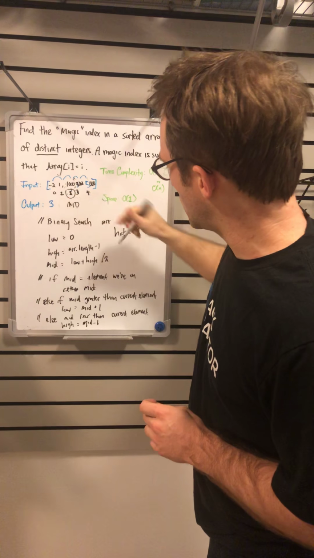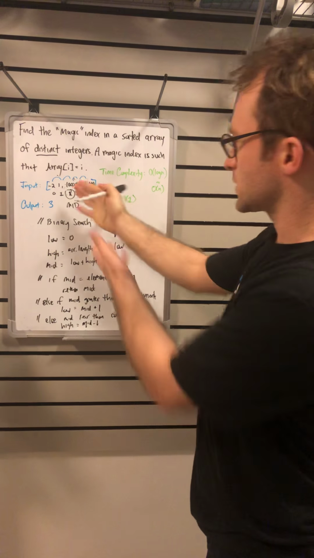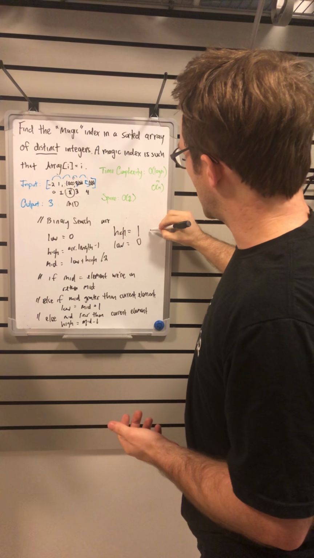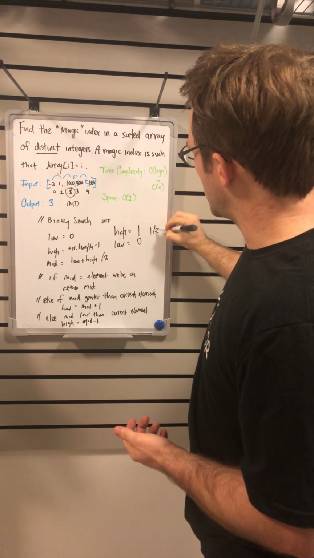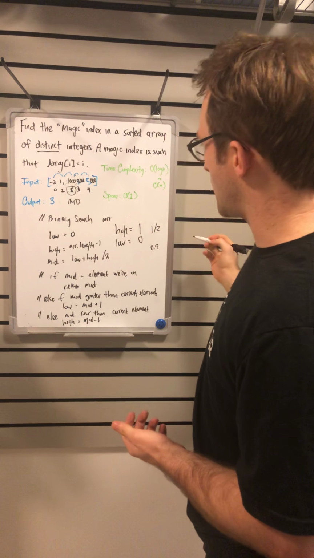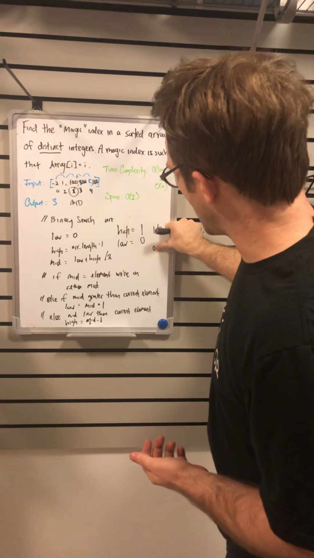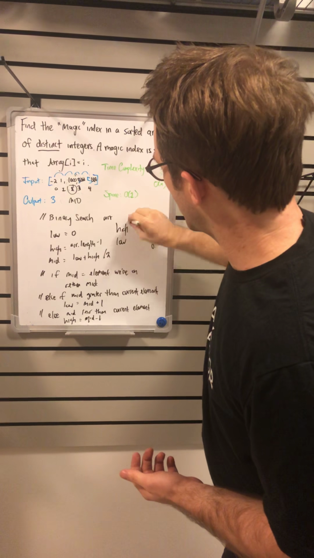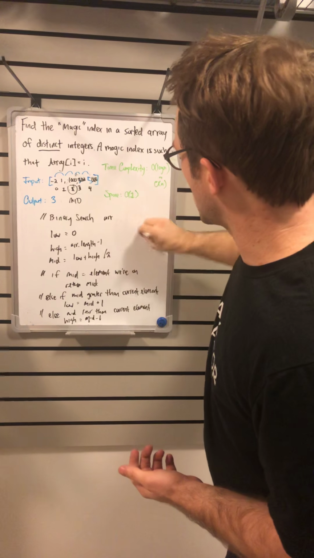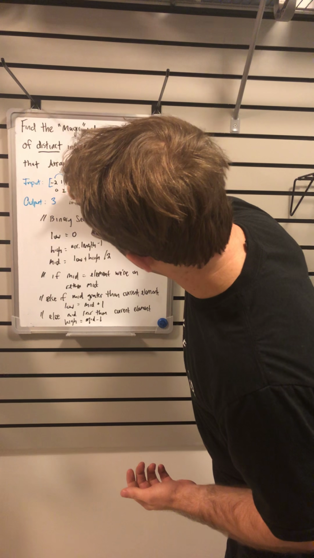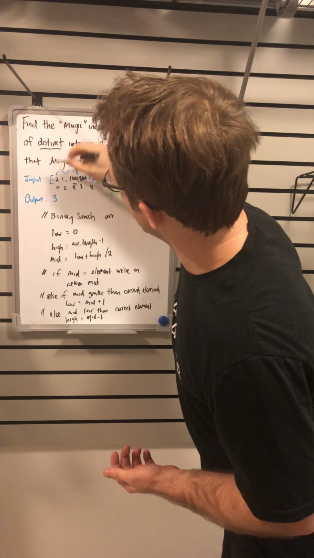And the low, if this was our given example, is 0. So if we add them together, we have 1. 1 divided by 2, that's 0.5. So if we rounded down, it would in fact give us 0. So the mid would be 0.